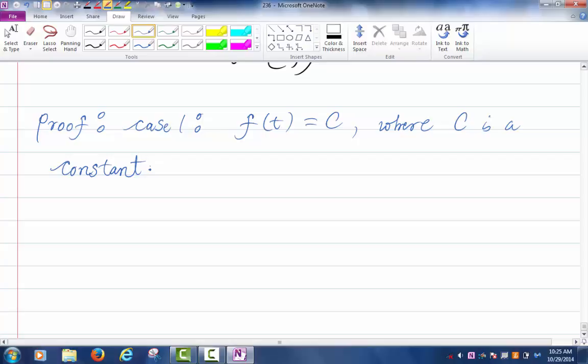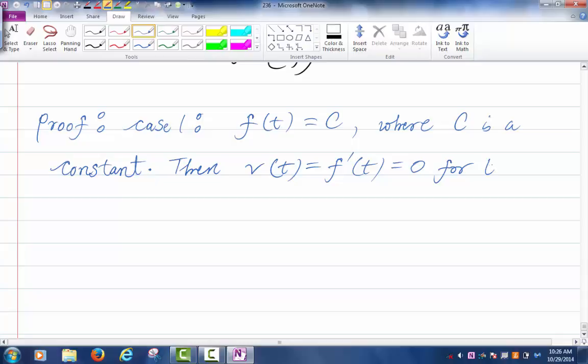So in this case, the velocity, let's say denoted by v, is given by the rate of change of the position, and the rate of change of the position is the derivative of the position function. The derivative of the position function in this case would be 0, not just at one moment, but at any moment in that interval.